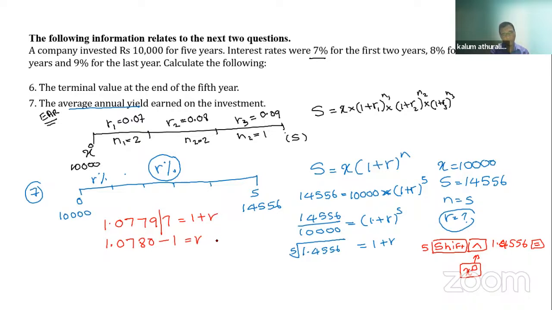R should be 0.0780. You can multiply by 100. It is 7.8. Percentage value is 7.8.